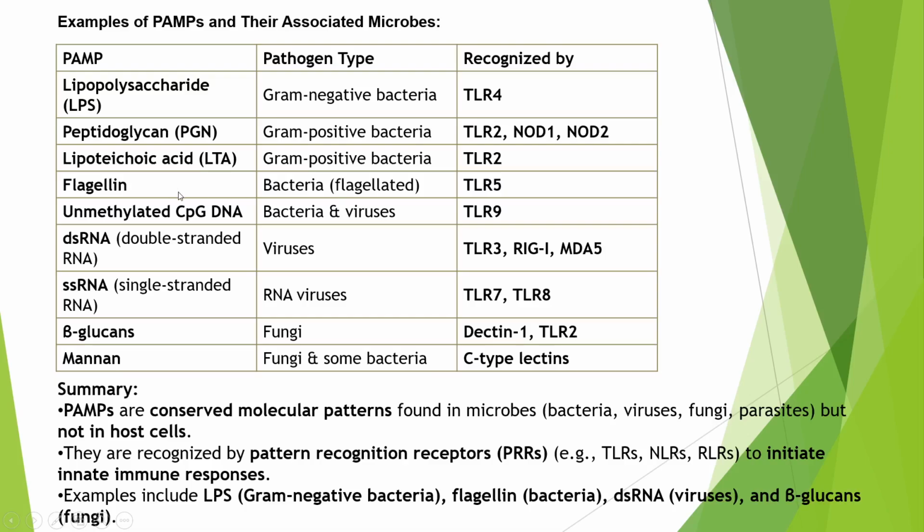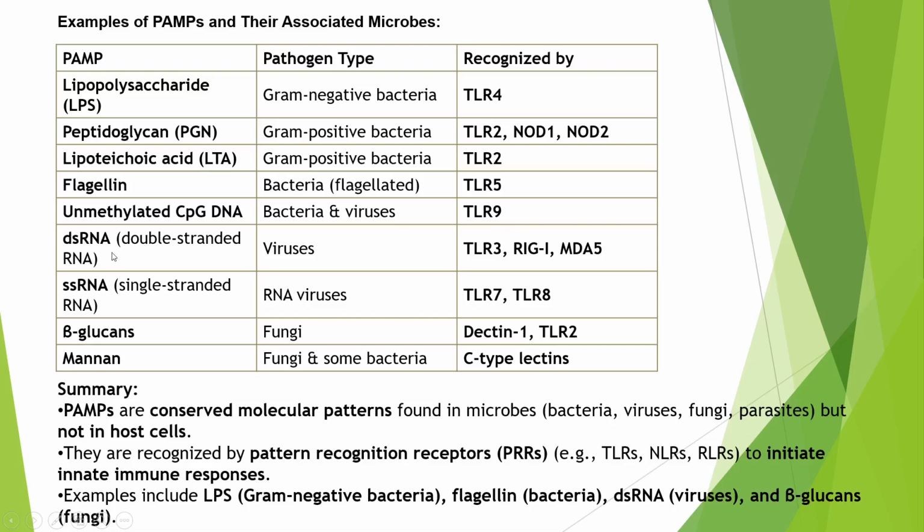Then flagellin, which is present in the flagella of flagellated bacteria. So this flagellar protein is also recognized as a PAMP by TLR5. Then we have unmethylated CpG islands, which are very common in bacteria and viruses, recognized by TLR9.